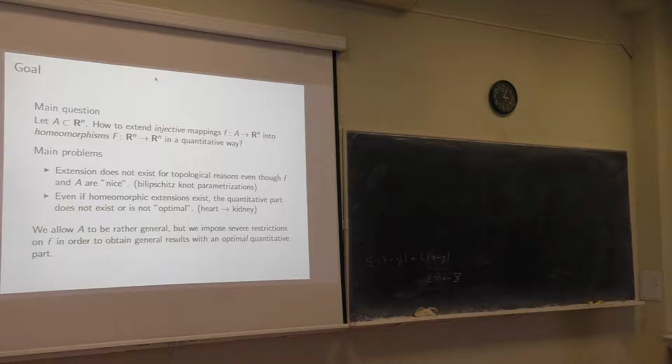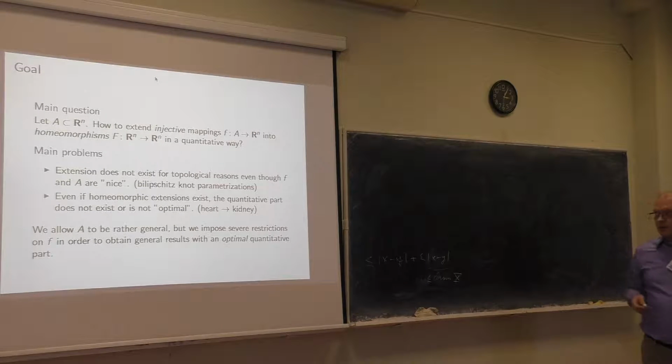So our main goal is to extend mappings. Yesterday there was a nice introduction to Whitney type extension problems, but here we start with injections. So the mapping is an injection on some subset A of Rn, and we want to extend it to a homeomorphism of the whole space. And we want to do this in some quantitative way, but of course it's not so clear what we mean by this quantitative way.